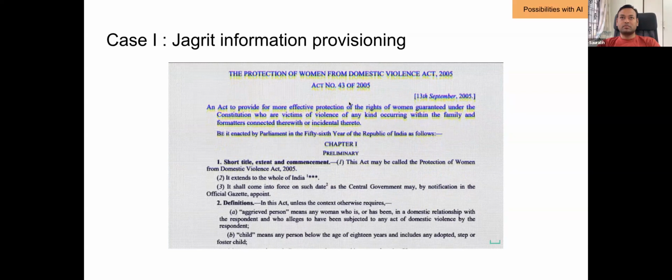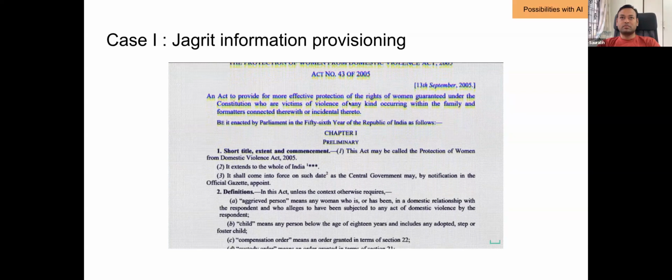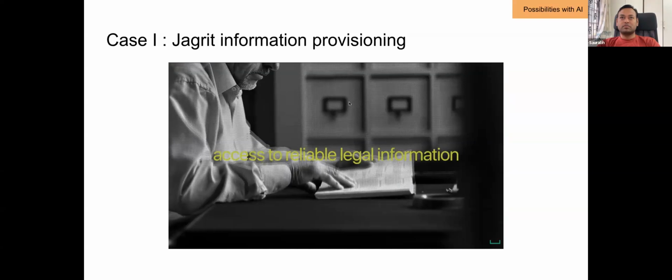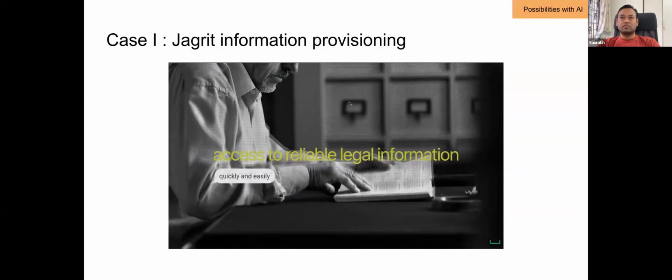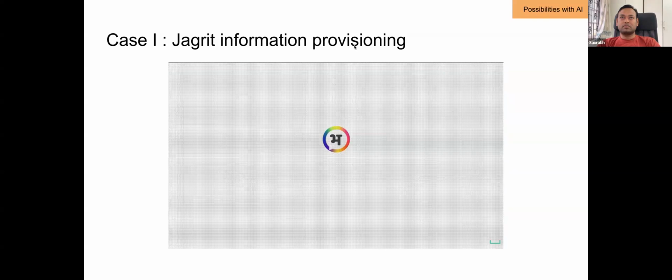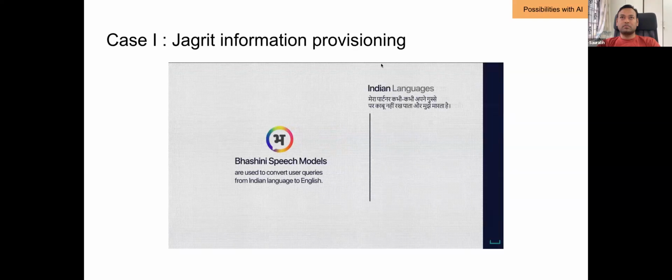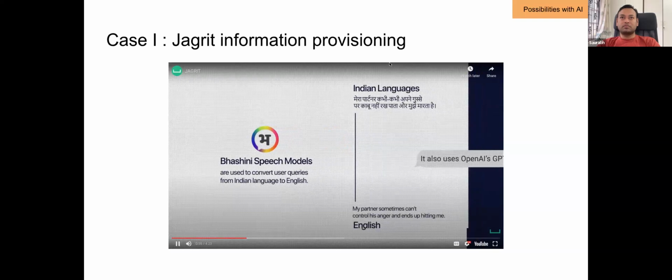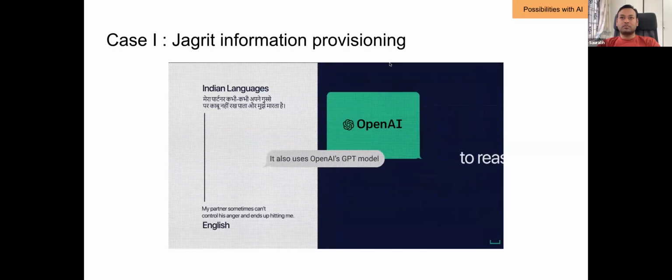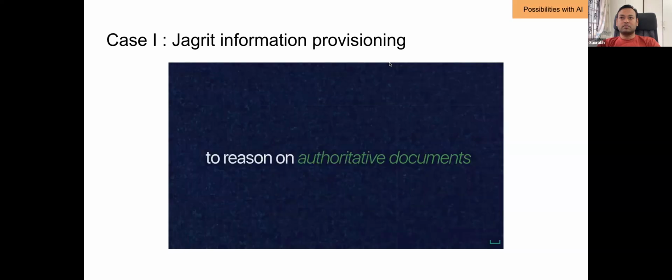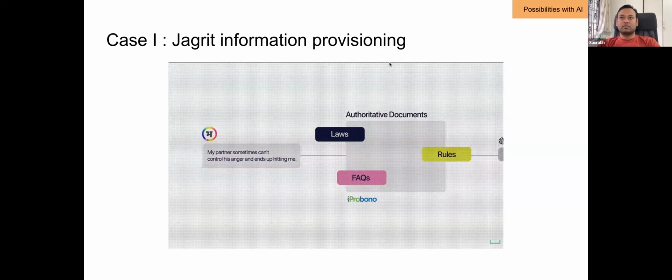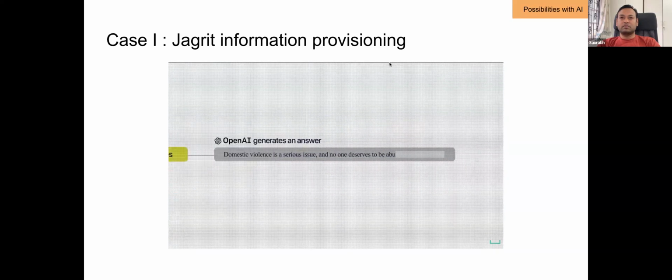Jagrit aims to help a person in such a situation by providing access to reliable legal information quickly and easily. It does so by using Bhashini speech models, which are used to convert user queries from Indian language to English. It also uses OpenAI's GPT model to reason on authoritative documents like laws, rules, FAQs to generate an answer.